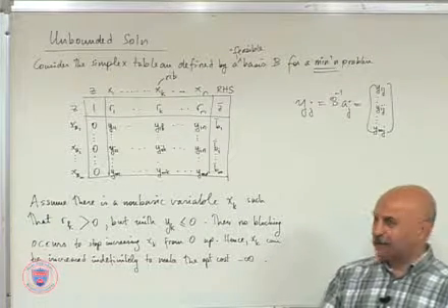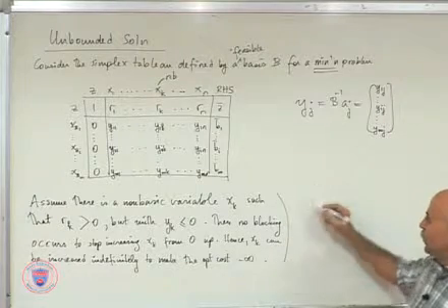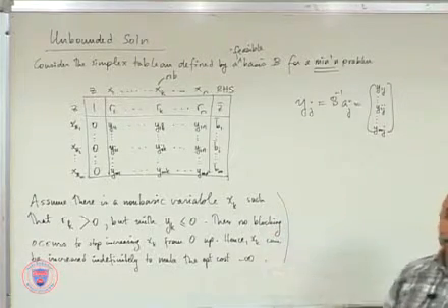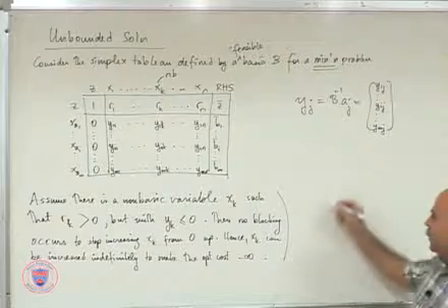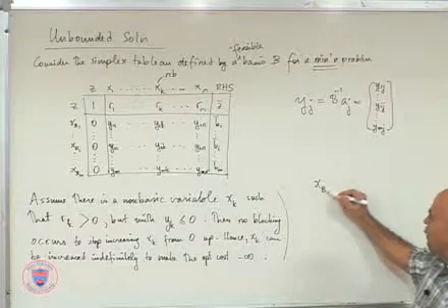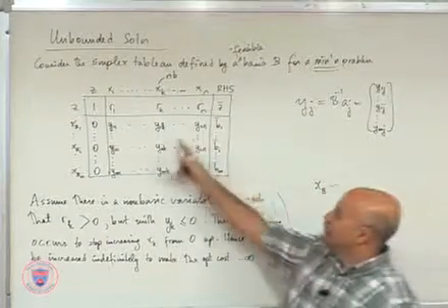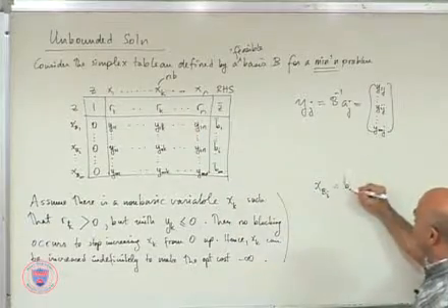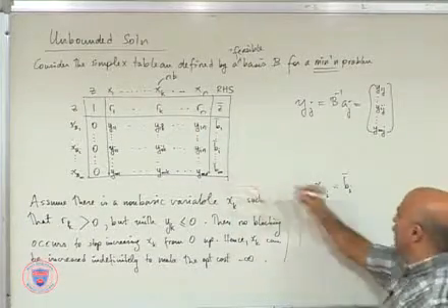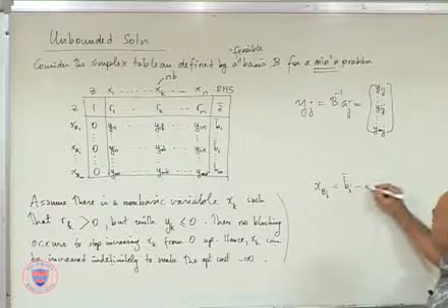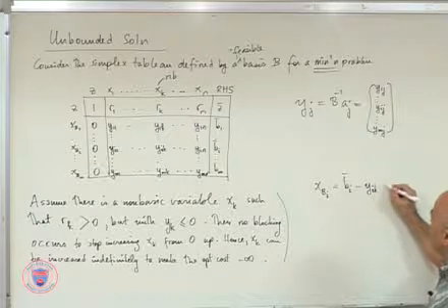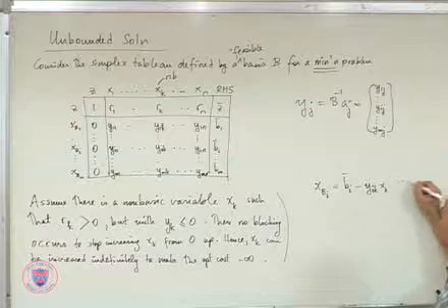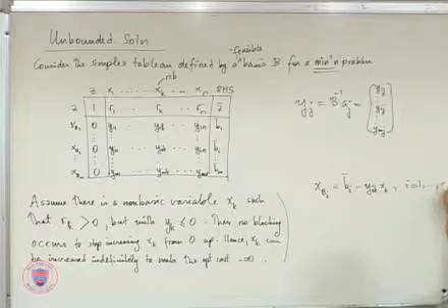What is the connection? Again, for those of you who may have difficulty, this is a summary statement for the following. We are having xBi, the ith variable. Xk will be made equal to some number, okay? So the ith variable is bi bar minus yik times xk. This is true for i going from 1 to m.